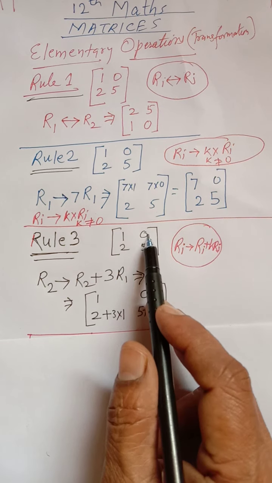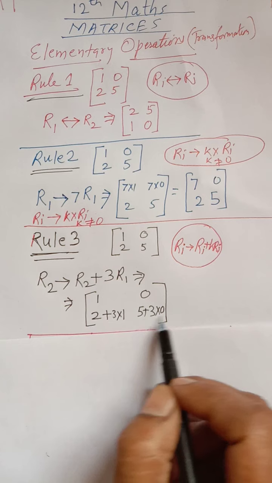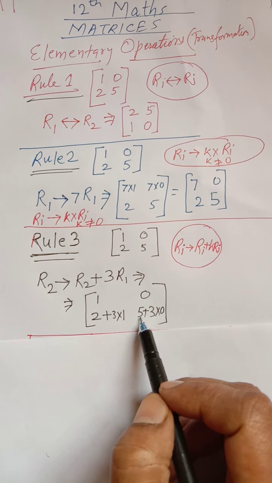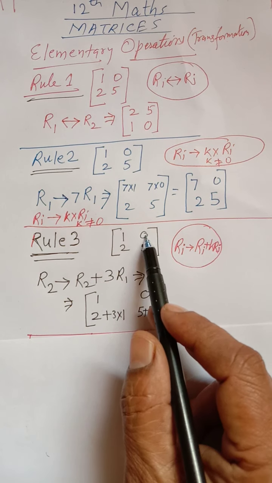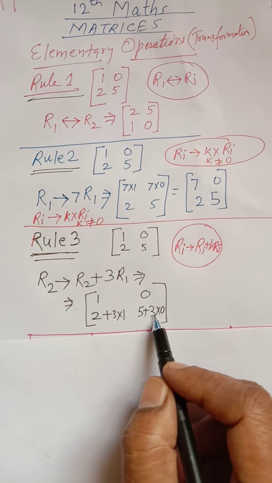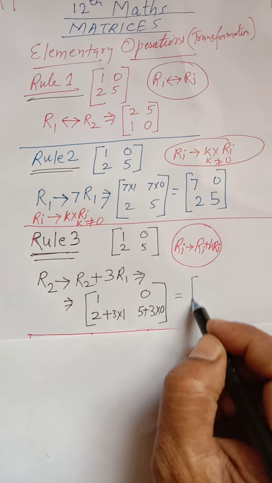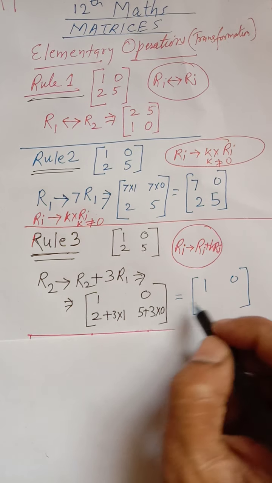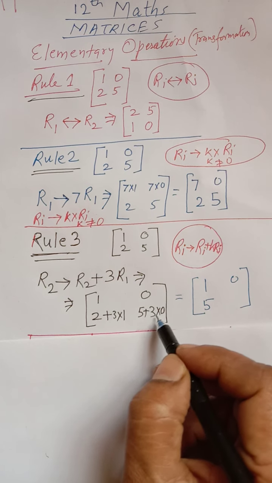Here row 1 is as it is, so we are operating on row 2. See, 5 here is the element of R2, and you add 3 times the element of R1. So 5 plus 3 into 0. And this we can write: 1, 0, and 3 plus 2, 5. 3 into 0 is 0, and 5 plus 0 is 5.